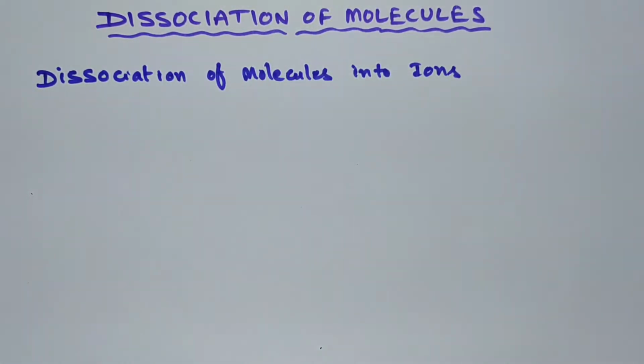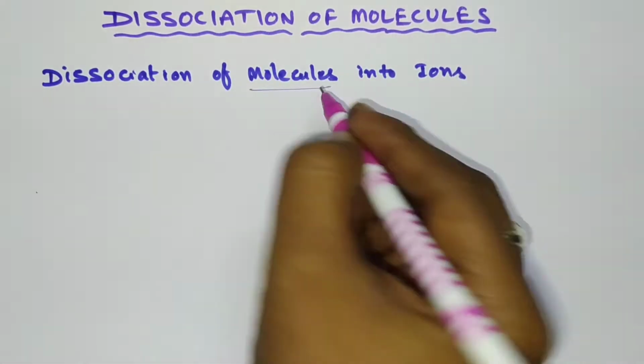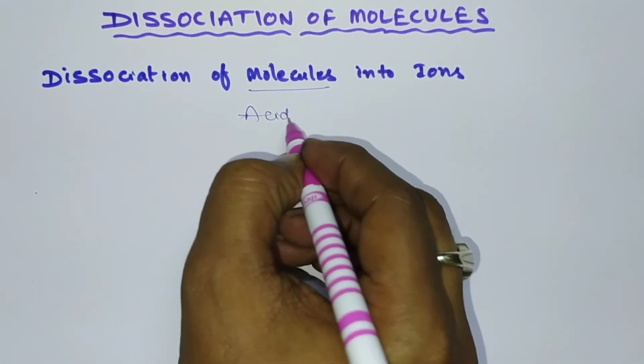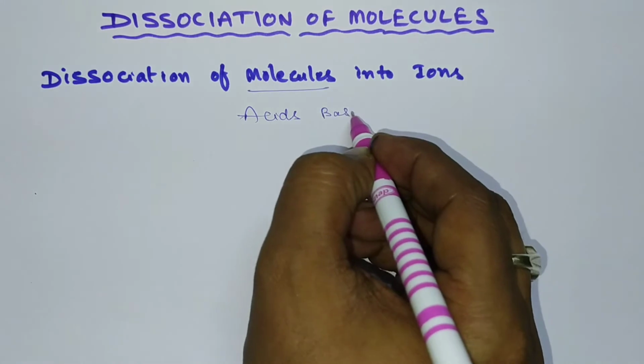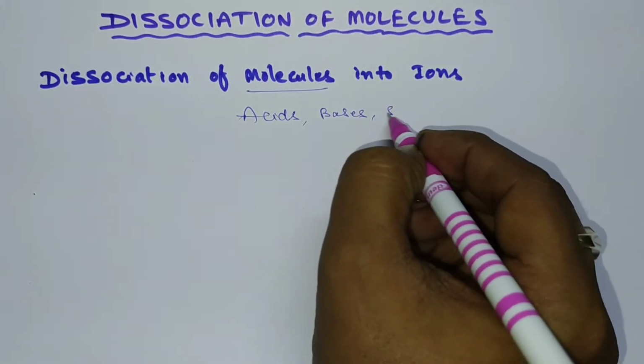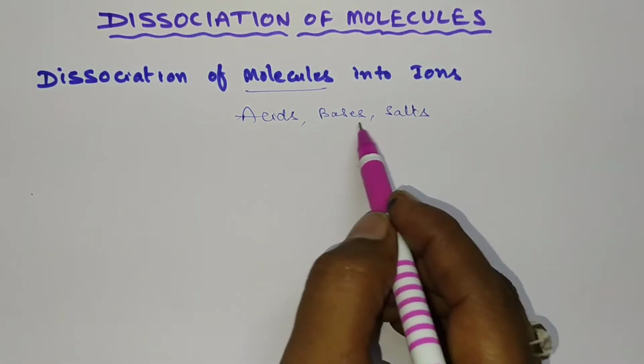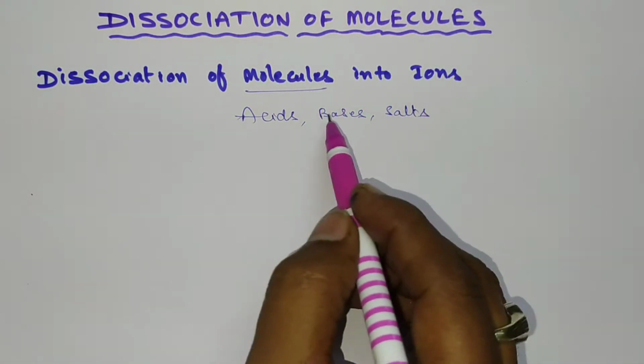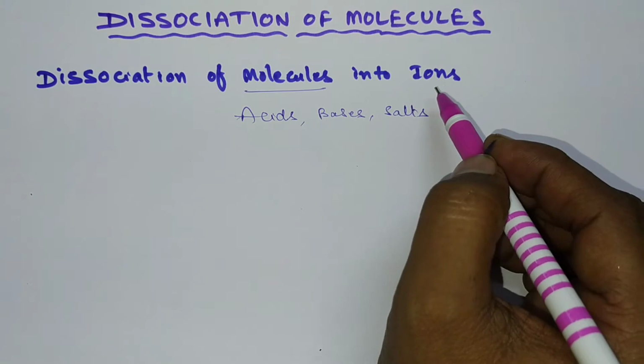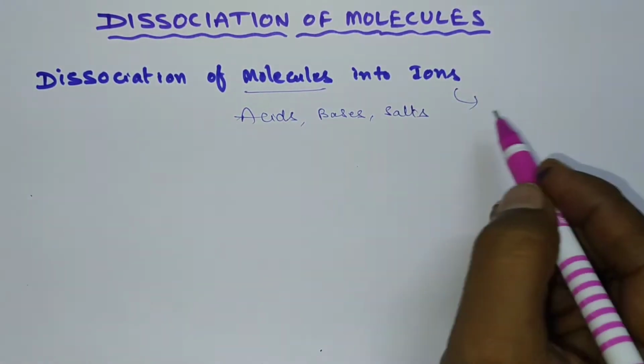Generally the molecules may be either acids, bases or salts. So, how these acids, bases and salts are dissociated to form ions. Generally it forms two types of ions.